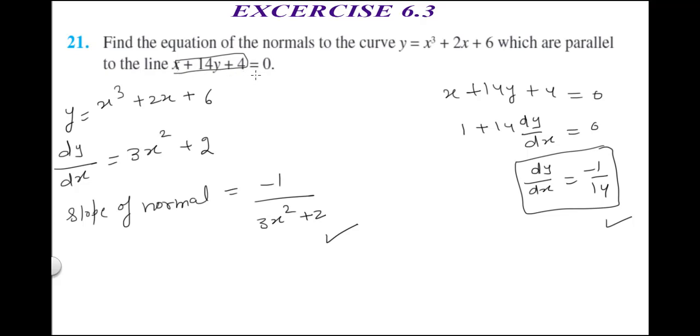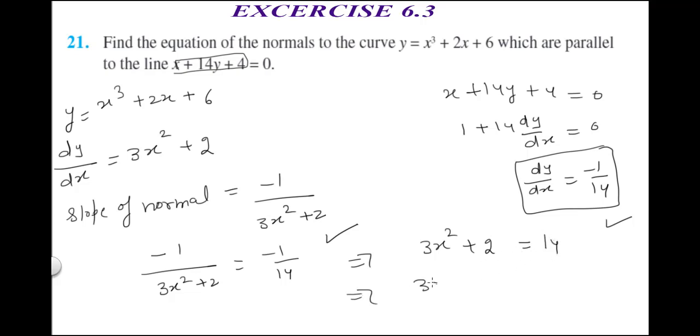So normals are parallel to the line, so their slopes are also going to be equal. So equating them, minus 1 upon 3x square plus 2 equals minus 1 upon 14. So this implies 3x square plus 2 equals 14, which implies 3x square is equal to 12, x square is equal to 4, and hence x is equal to plus minus 2.